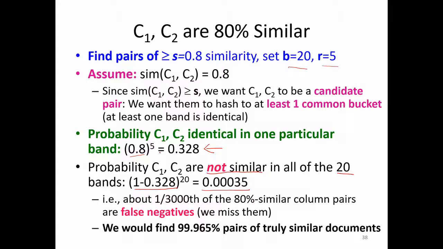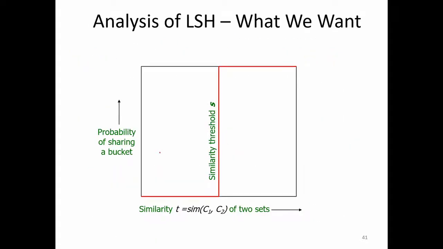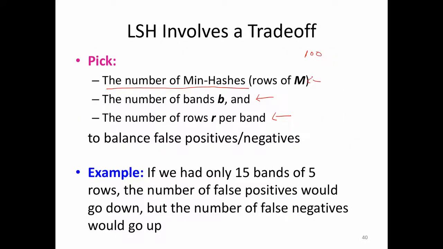In that case, even though their actual similarity is within the threshold, you may end up marking them as negative for that particular band. So if you increase R more, you basically increase the number of false negatives.